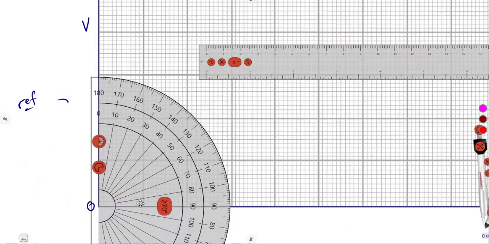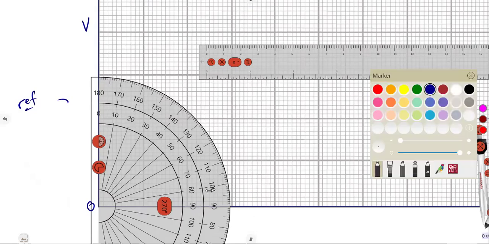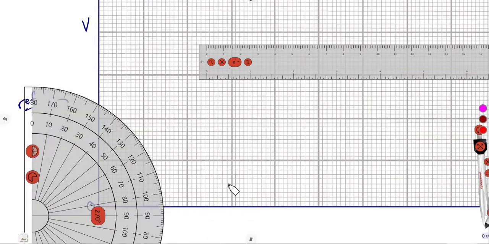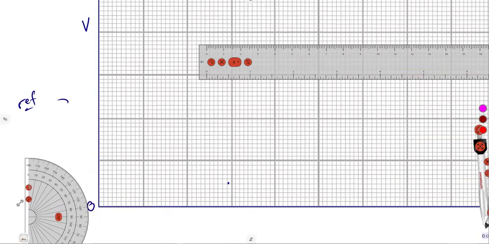Close the origin, close this side. So 80 degrees, you mark where the 80 degrees is, all right? 80 degrees is going to be approximately at this point here, where it is straight at 100 there. Just mark a point there. This is our 80 degrees.